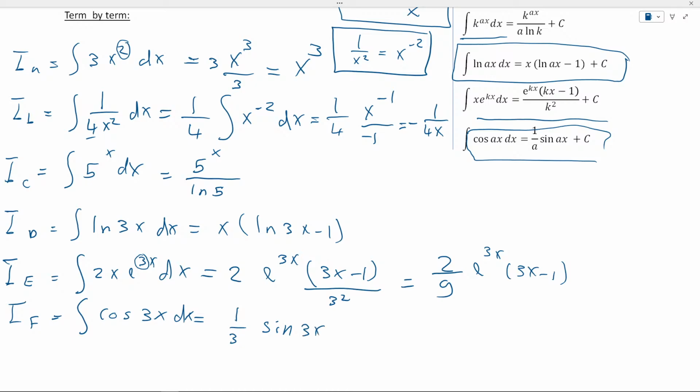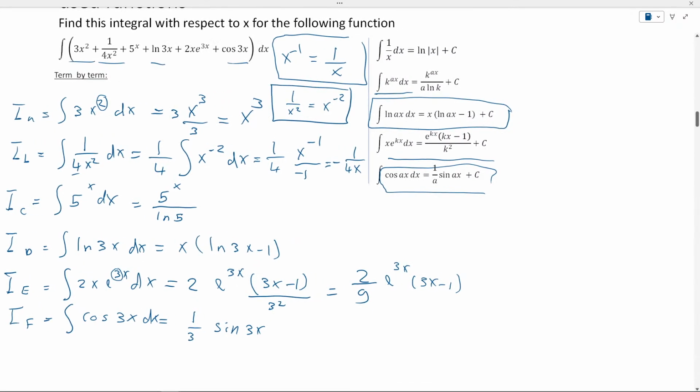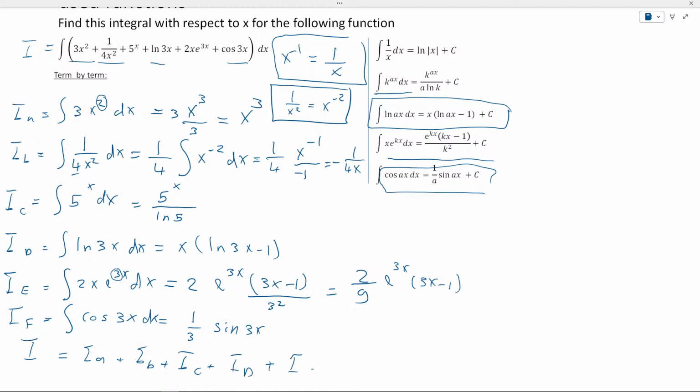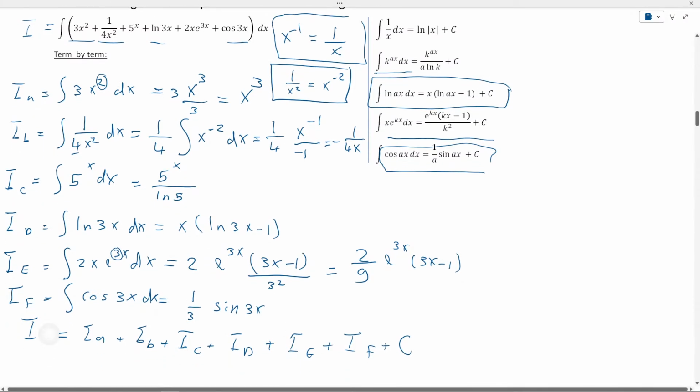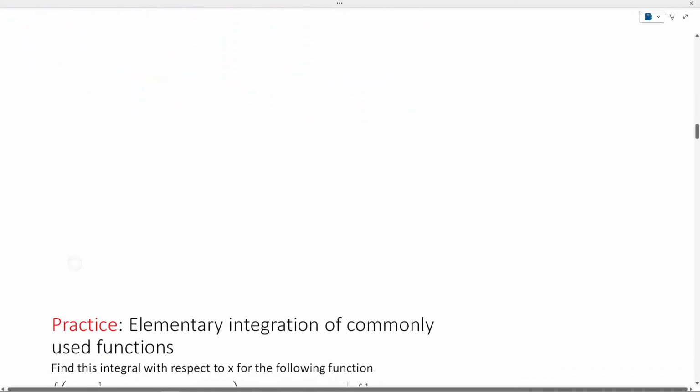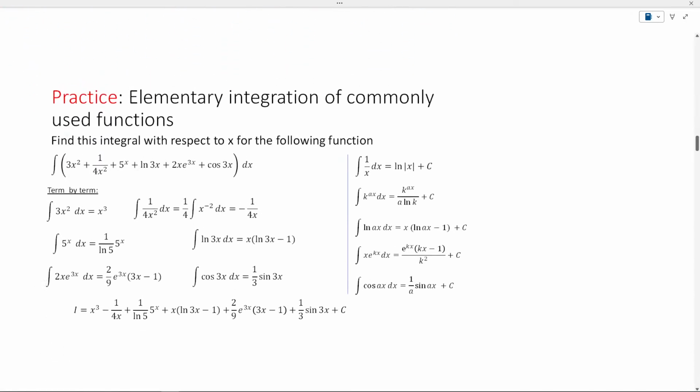So basically the integral I would be equal to IA plus B plus C plus D plus E plus F plus the constant. Okay, so did I do this correctly? Yes, I think so. This looks correct, plus the constant.